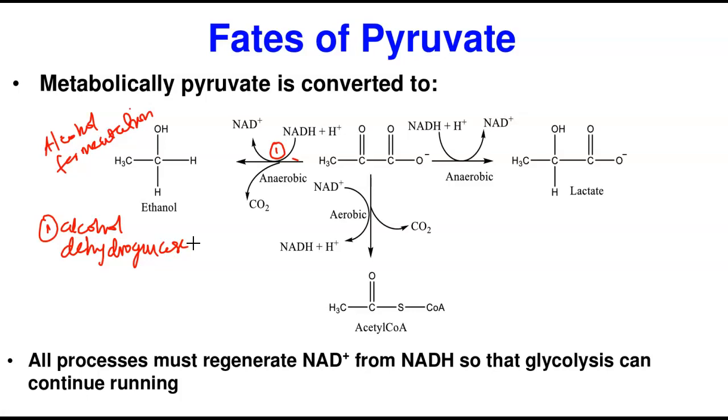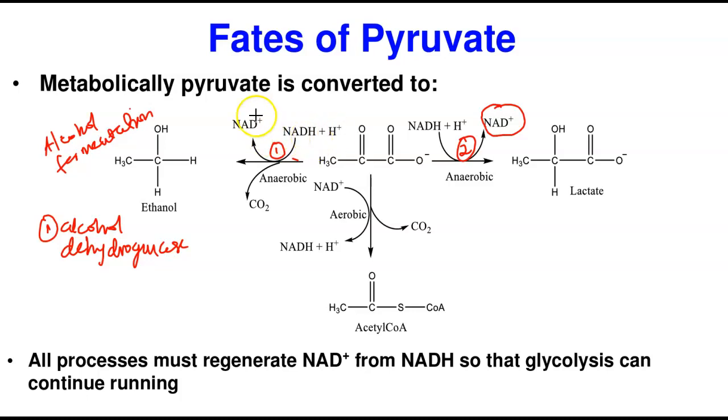Now, the second anaerobic process takes place even in multicellular organisms like mammals. In the muscle, pyruvate is converted to lactate. Here, this is a quick switch of trying to regenerate NAD. In fact, the ultimate aim of all this fermentation process is the regeneration of NAD, so that it will go back to glycolysis, so that glycolysis does not grind to a halt.